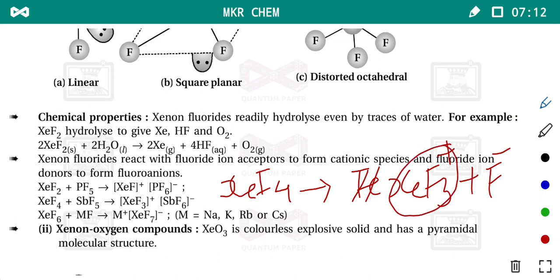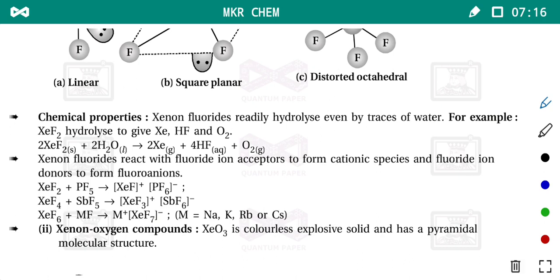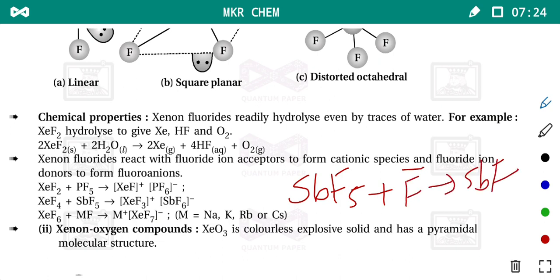So it is converted into a positive ion. Another fluoride ion acceptor is SbF5. SbF5 accepts 1 fluoride ion and is converted into SbF6 minus. See here both combined together, positive and negative, a complex compound.